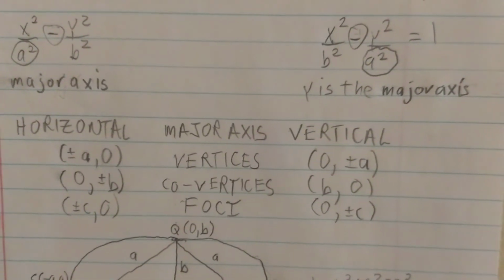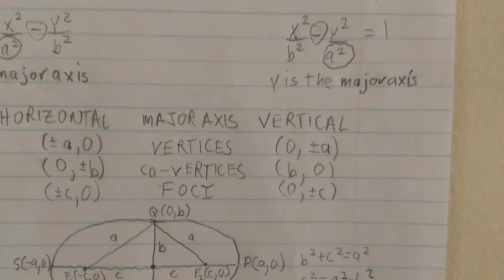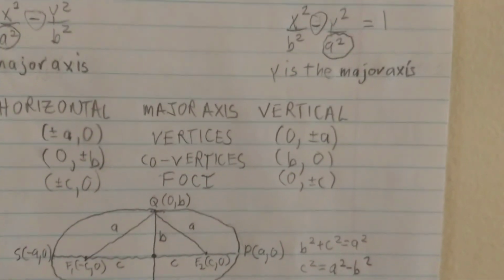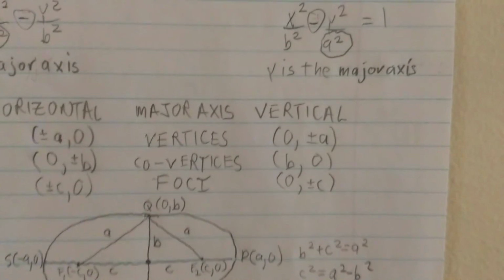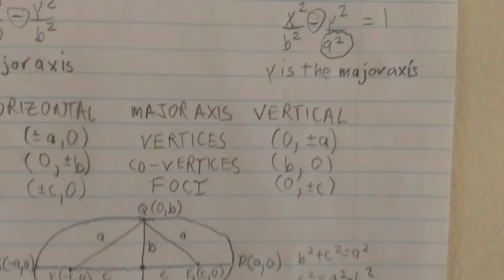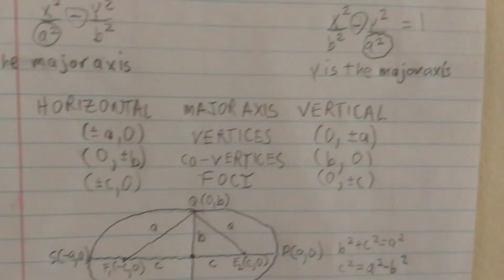So when y is the major axis, it's x squared over b squared plus y squared over a squared, because the bigger number a squared is always under the longer axis. It isn't under the x or the y necessarily, it's under whichever one is longer, as we'll see.